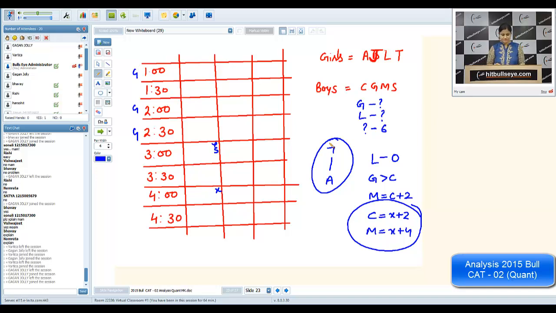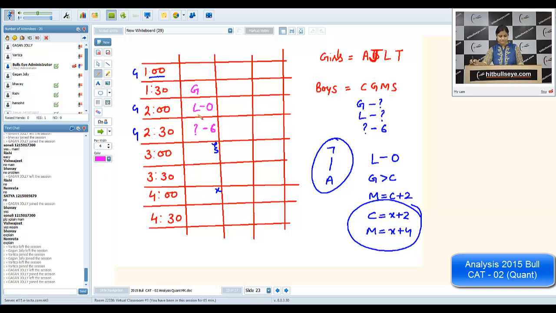Now how can we proceed? I can take a random case. Since at 1 there should be a girl, I cannot start my sequence with G because G is a boy. Is it okay? Clear? So I'm taking a random case. I'm putting G here, L here, and I don't know the name here, so I'm putting a 6 corresponding to this. Since Lindsay is a brand new student, corresponding to L, I'm putting a 0.